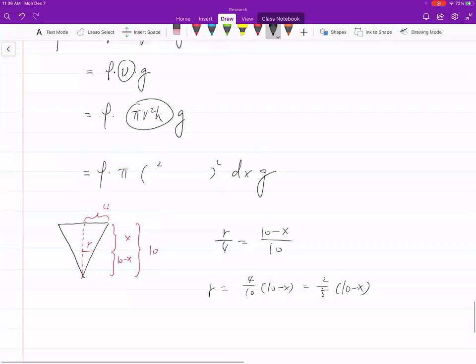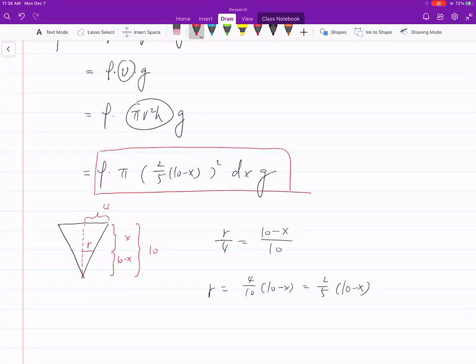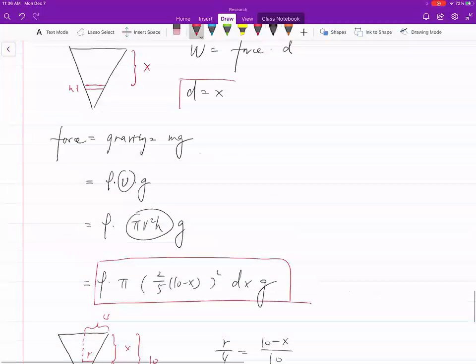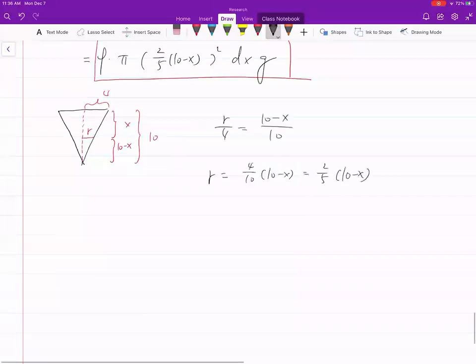Therefore, that's your force. That's your distance. So together, your final work is going to be integration.